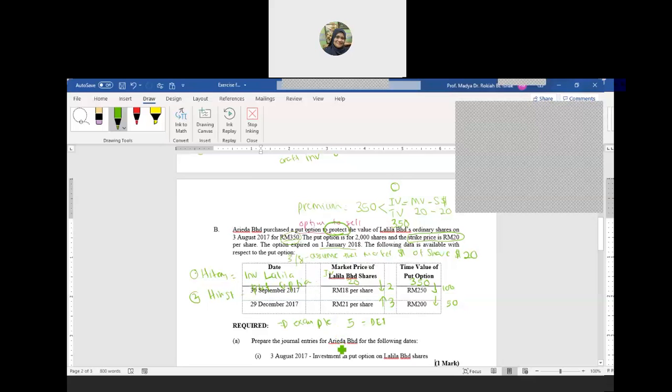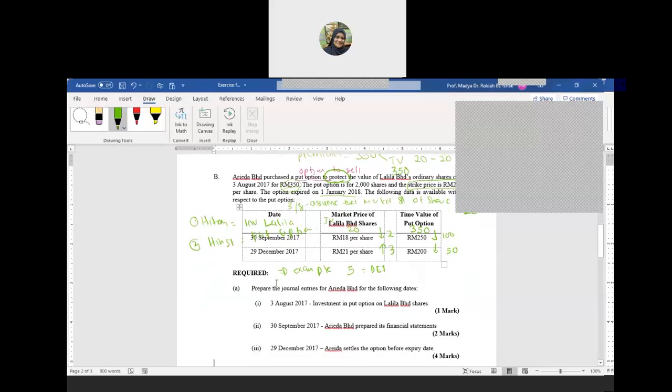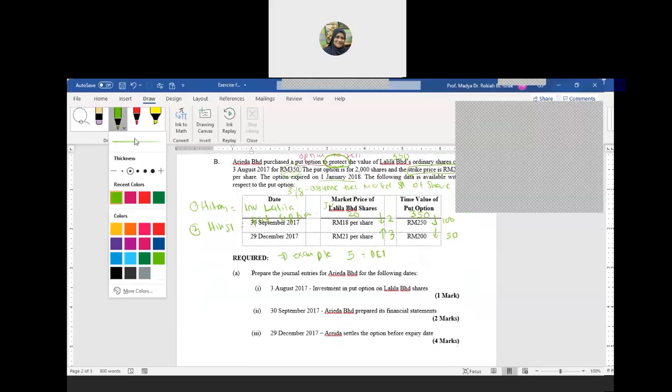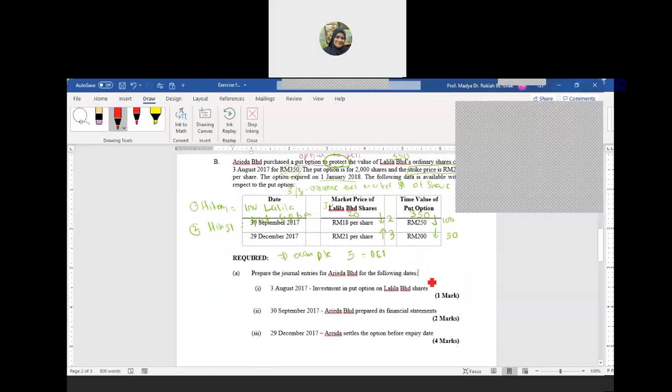So you prepare the journal entries at the date when you invested in the put options. When you bought the put options, you're going to debit your put options, and then credit your cash.